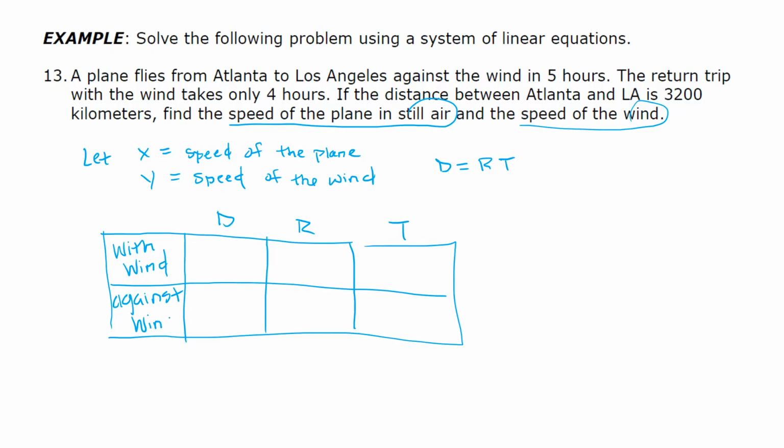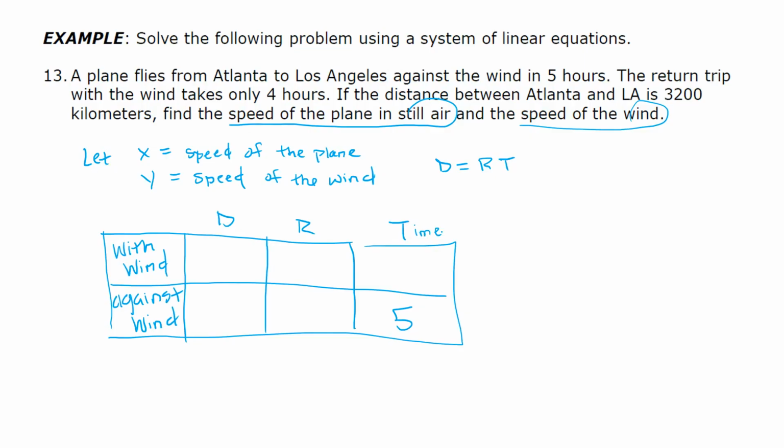I know that because my problem tells me. The plane flies against the wind in 5 hours, so the time it takes to go against the wind is 5 hours. This is T, the time.